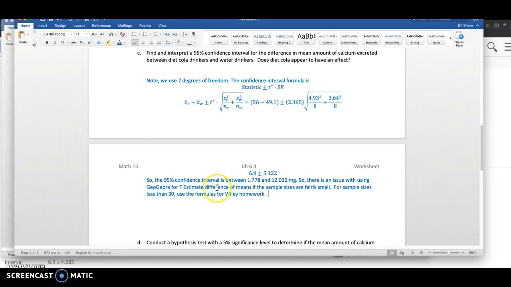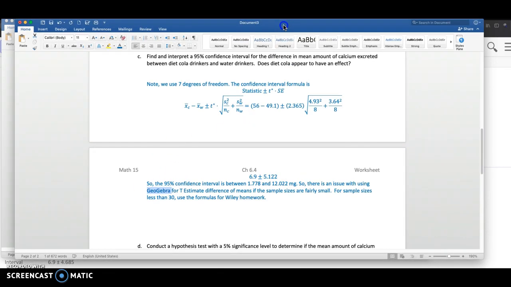I actually messaged GeoGebra to find out why there's a discrepancy. From what I can tell, GeoGebra is actually incorrect for these small sample sizes. Or maybe they're doing some different formula. So I'll try to find out what's going on with that. For your project and the test, I'm okay with GeoGebra or the formulas. And on the Wiley quiz, the last quiz we'll do in a couple of weeks, I'll pick problems that have large enough sample size, and I'll make sure you could use either.